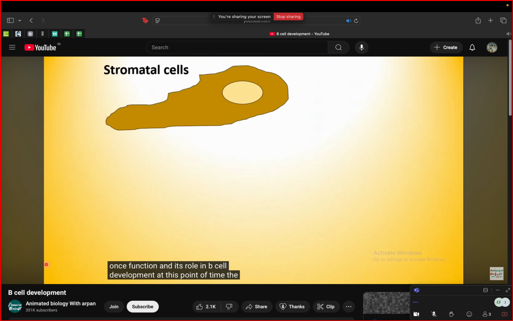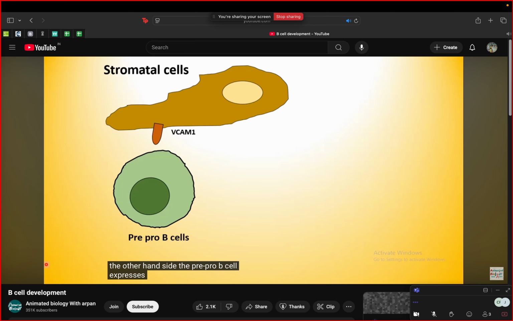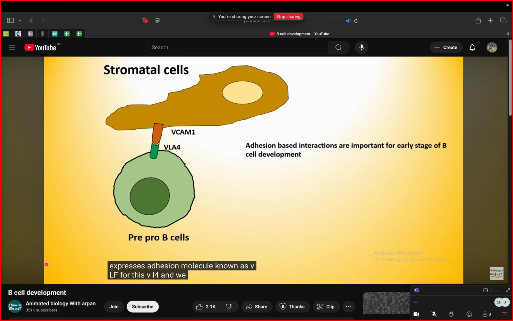At this point of time, the bone marrow stromal cell expresses an adhesion molecule known as VCAM1. On the other hand, the pre-pro B cell expresses an adhesion molecule known as VLA4. This VLA4 and VCAM1 interaction is very important for B cell development. Now, VLA4 VCAM1 interaction holds the pre-pro B cell near to this bone marrow stromal cell niche, such that the stromal cell can influence its development.